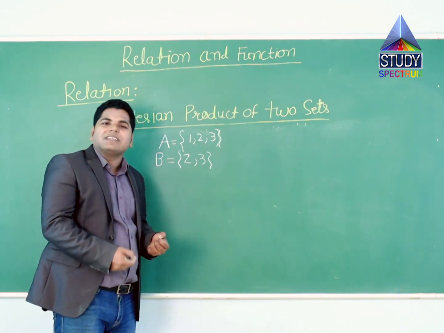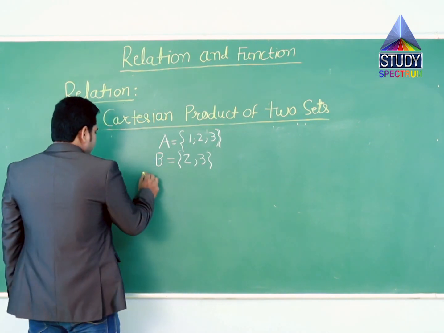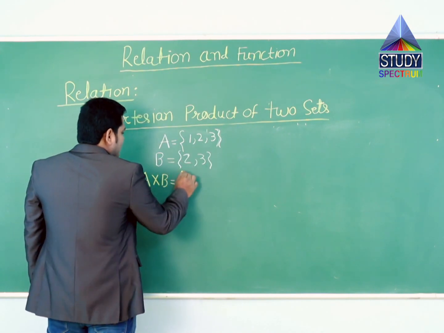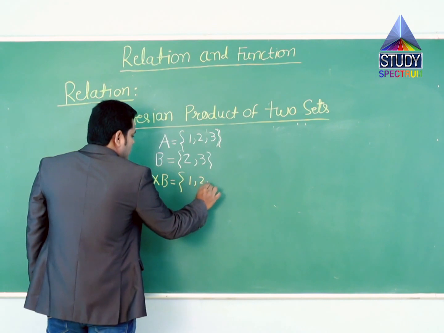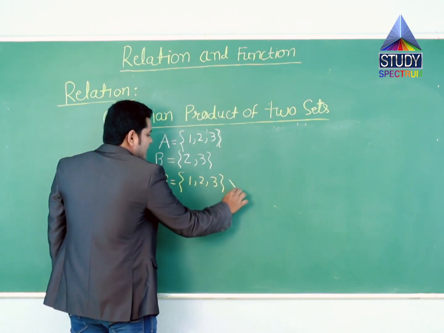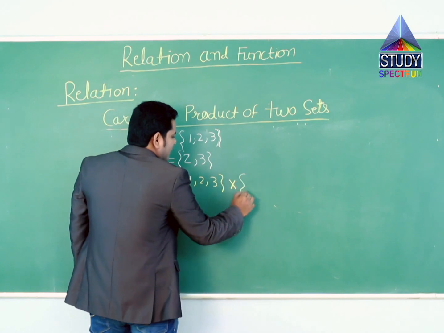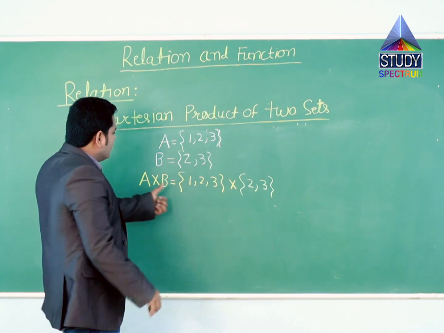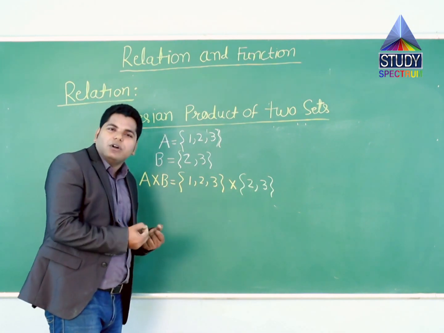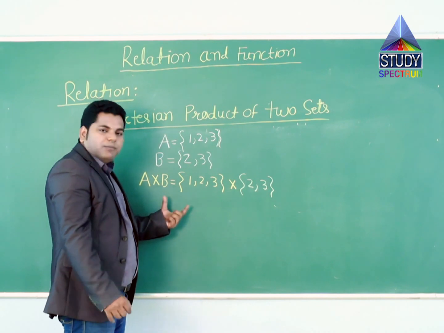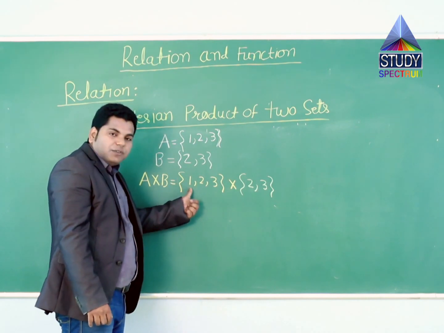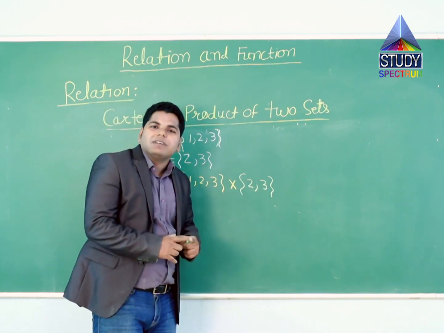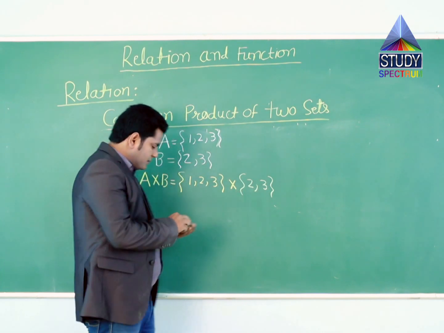Now we are going to find the Cartesian product of two sets A cross B. Set A has elements 1, 2, 3, and set B has elements 2, 3. Now write the set of all possible ordered pairs. The first element is taken from set A and the second element from set B. The set of all ordered pairs will be the Cartesian product.